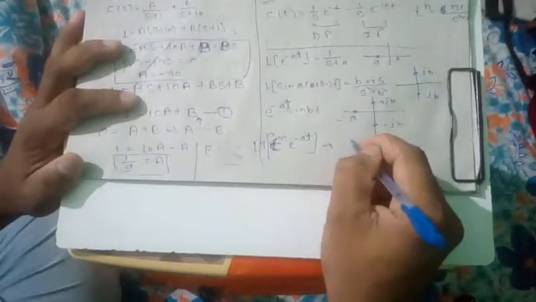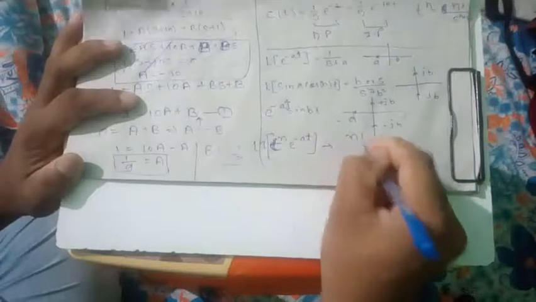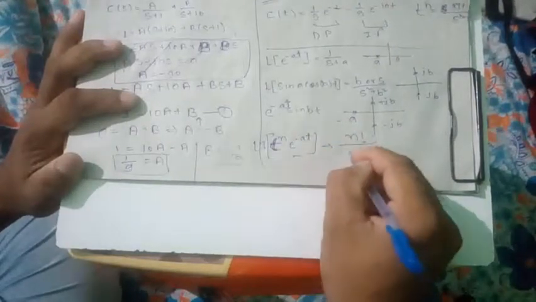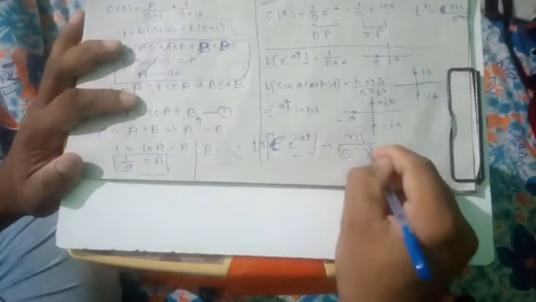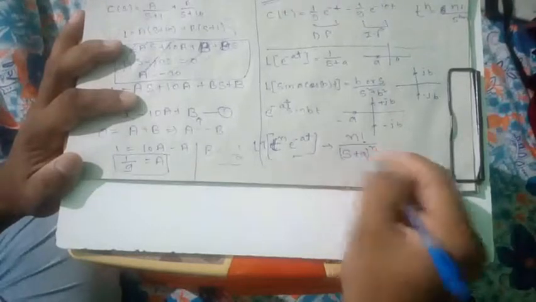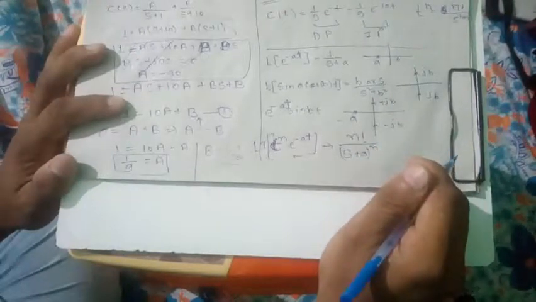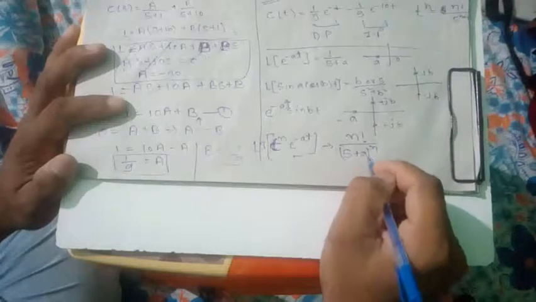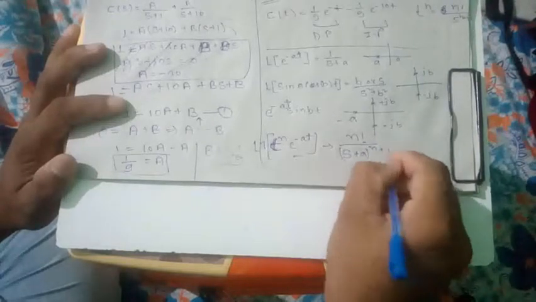So here for this one it is n factorial upon s to the power n plus 1, and we write this one.